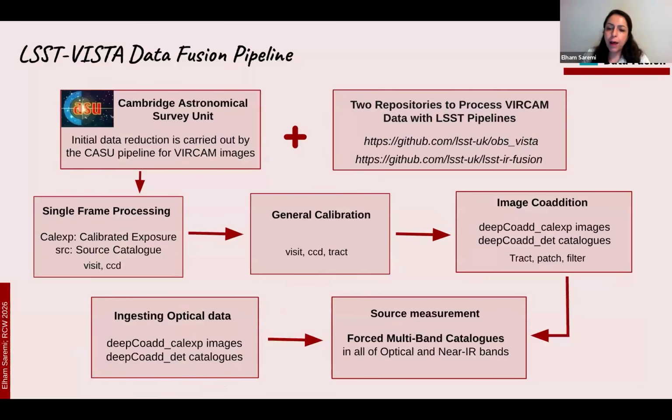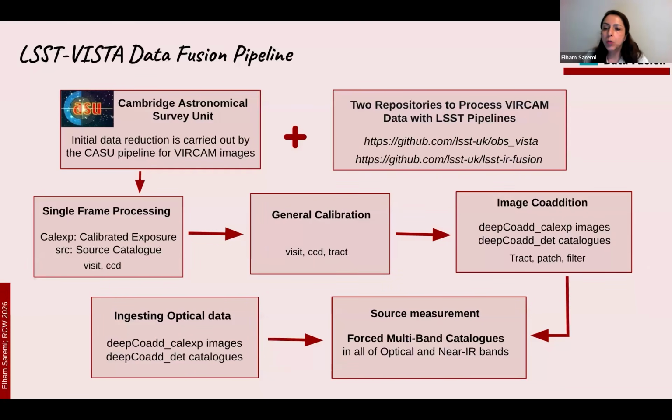The LSST pipelines are flexible, so they can also process data from other telescopes. For example, for Vista, we use the LSST pipelines. The raw images are first reduced by the CASU pipeline.